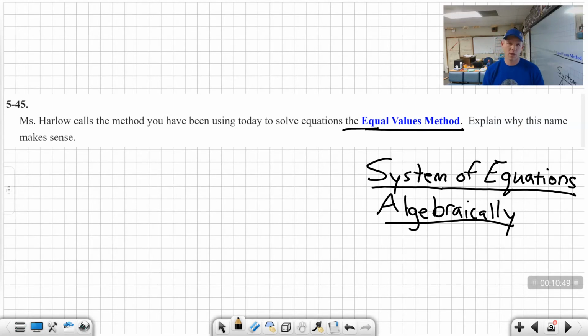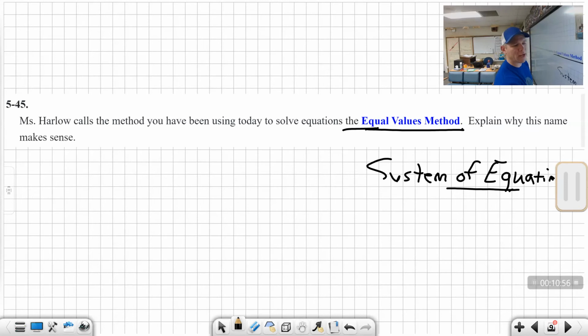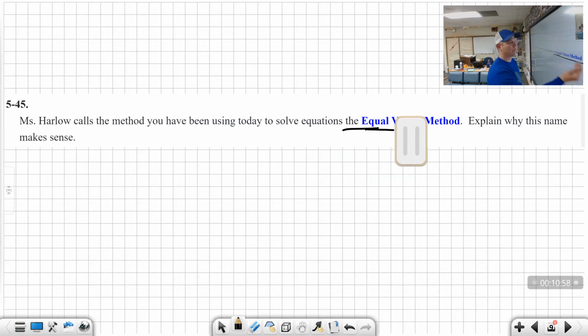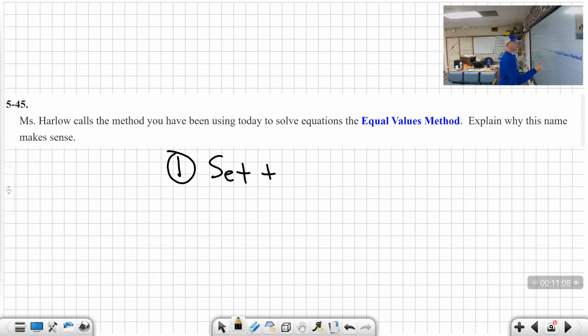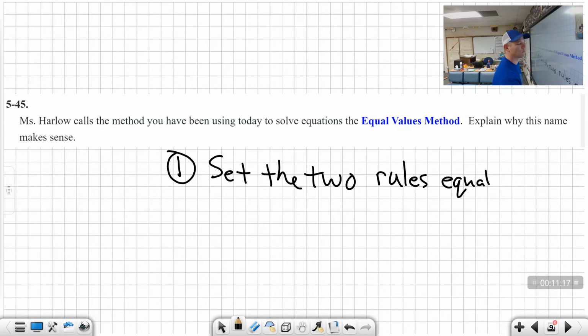Period. Okay? It requires 3 steps. Step 1. Set the 2 rules equal to one another.